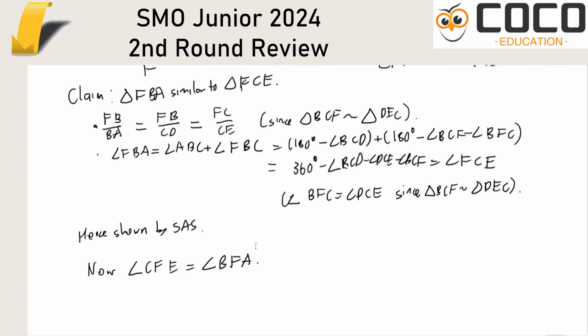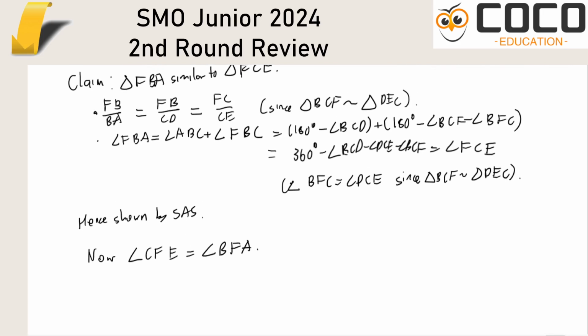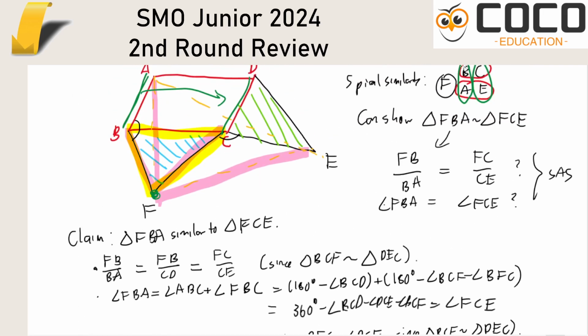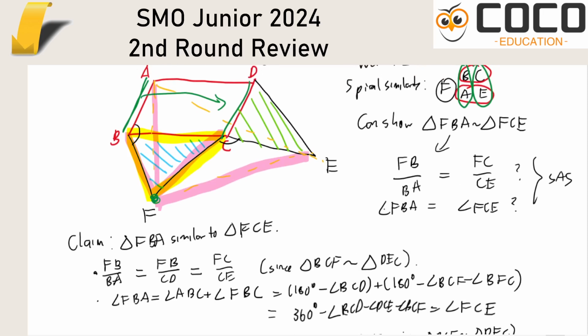So these two are equal. Which would mean that BFC and AFE are equal. Just adding in the overlapping part, BFC and AFE.